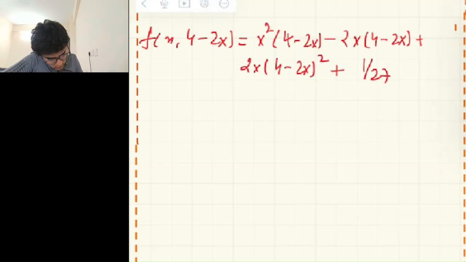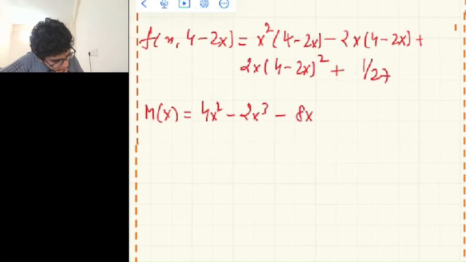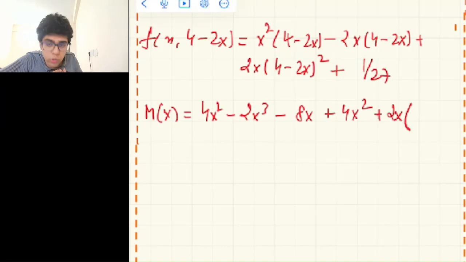Now I just solve this. This function again becomes a function in x only. So I'll be denoting this function as m of x. This function becomes a one variable function. So m of x is equal to 4x squared minus 8x minus 2x cubed plus 4x squared plus 2x into the whole square of 4 minus 2x.